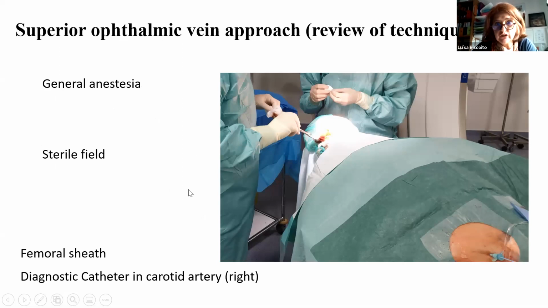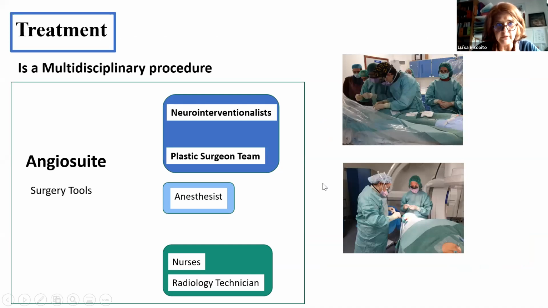We did it under general anesthesia with a sterile field, of course, as we do in all procedures, and we placed a femoral sheath to put a diagnostic catheter in the carotid artery, in this case the right carotid artery. It is a multidisciplinary procedure.